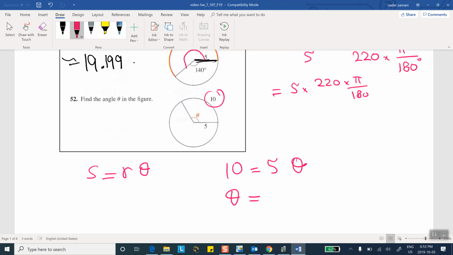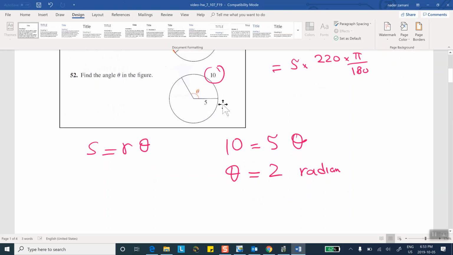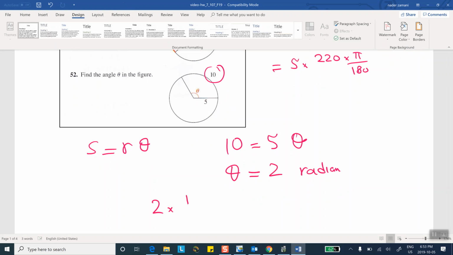So theta is equal to, you divide it, you get 2 radians. There's nothing wrong with this answer. But if you're asked to supply it in degrees, you take 2, multiply by 180, divided by pi, and whatever you get is going to be in degrees. So this is going to be 360 divided by pi.